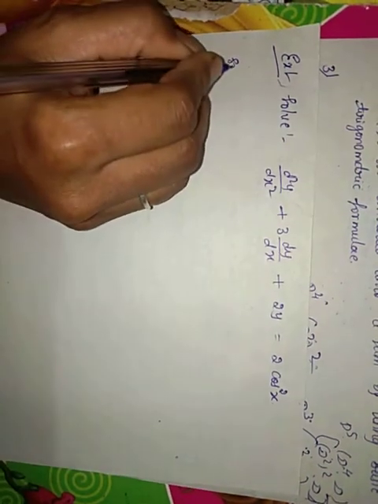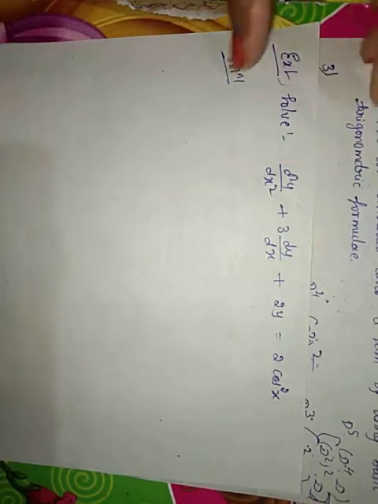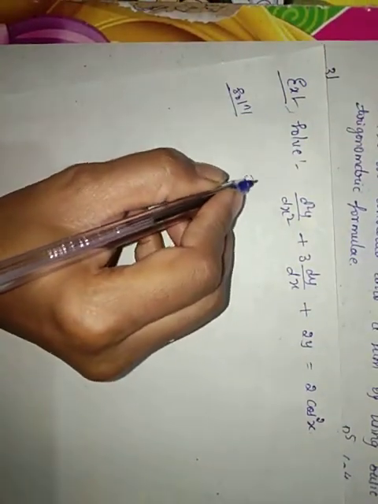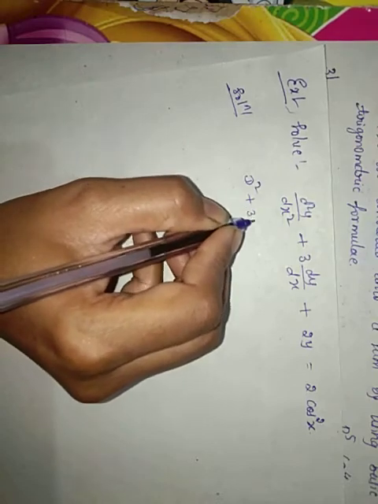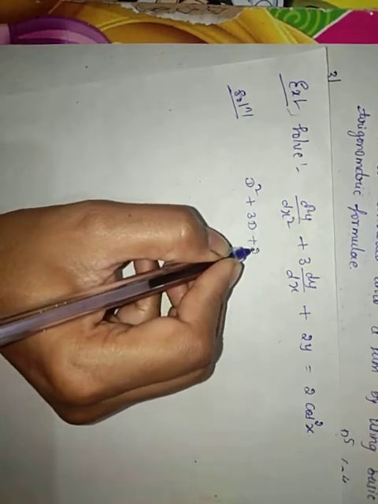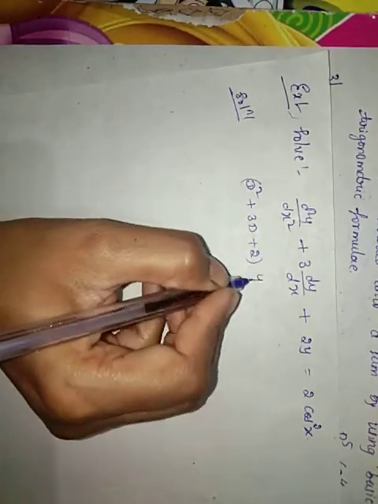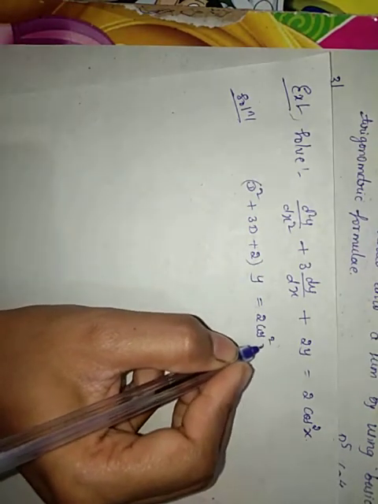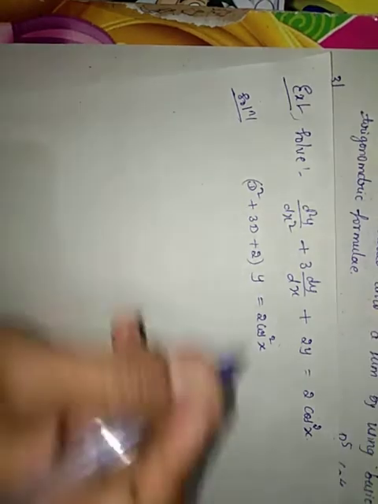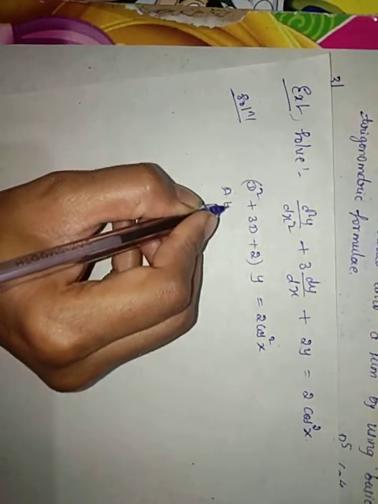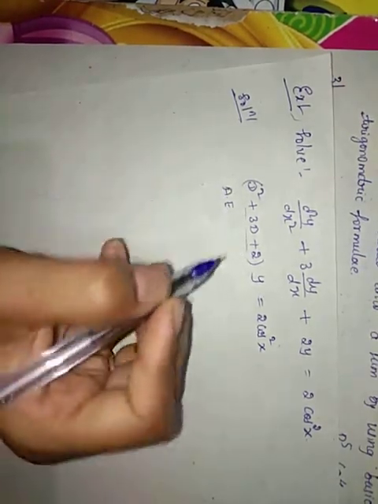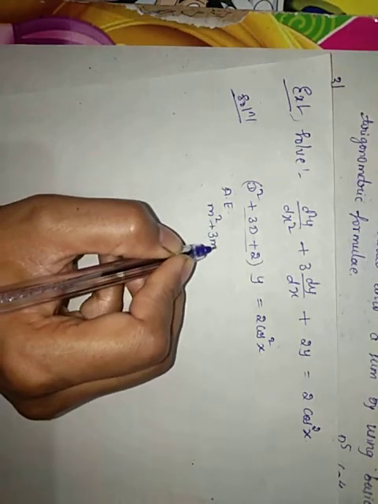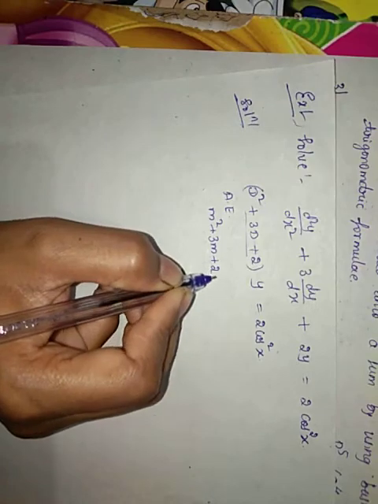First we write down the function as f of D: D squared plus 3D plus 2 of y is equal to 2 cos squared x. Now I am moving to the auxiliary equation. Our auxiliary equation is m squared plus 3m plus 2 equals 0.